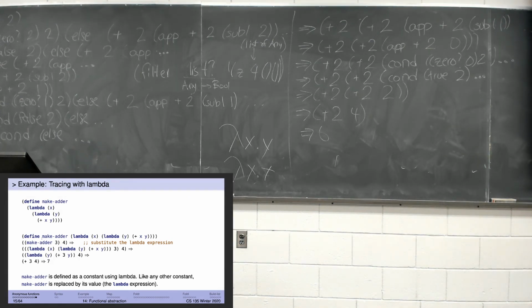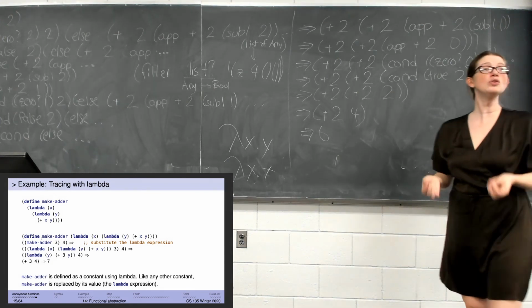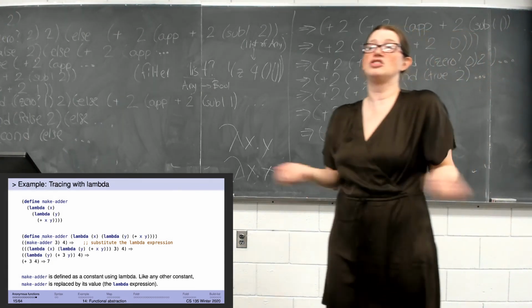All right. So now I have that external function evaluated, and now I'm going to apply 4 to that one. And so I substitute the 4 in for the y, and then I replace this whole thing with the body, which is just 3 plus 4. It's the exact same rules you've already been using, it's just now the functions don't have a name.